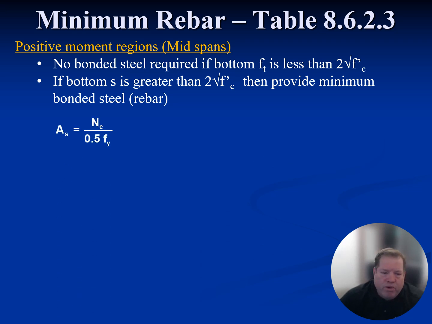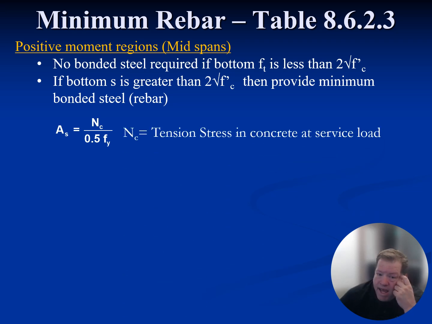The equation for that rebar is N sub C divided by 0.5 Fy, which is 30 KSI for most of our conditions. N sub C is the tension stress in concrete at service load. So again, even though we're talking about rebar, which is typically ultimate strength, we're going to go back to the service load condition.